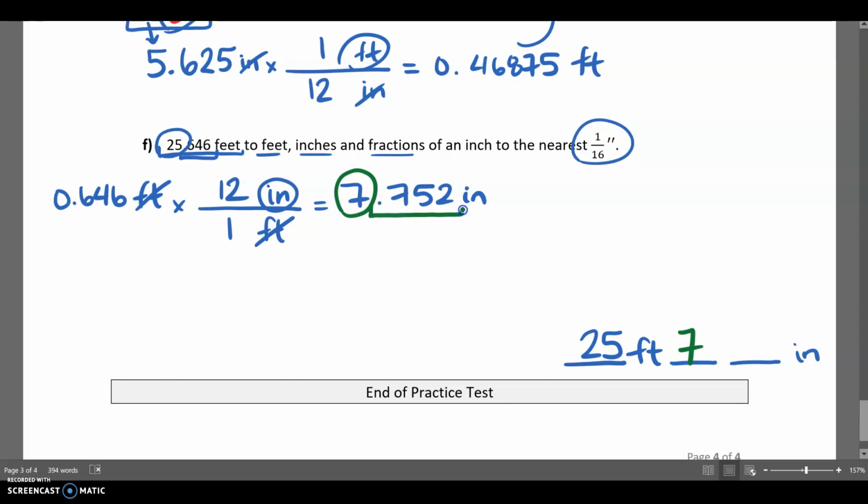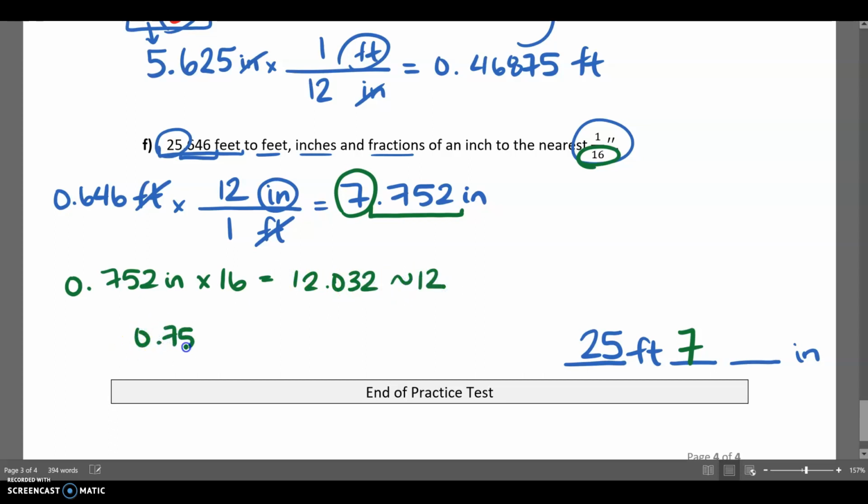And I want to convert this decimal inch, 0.752 inches, into a fraction. So I'll take that 0.752 inches. I want it in fraction form to the nearest 16th of an inch. So I'll multiply by 16. Multiplying by 16 gives me 12.032. To the nearest whole number, that's about 12.